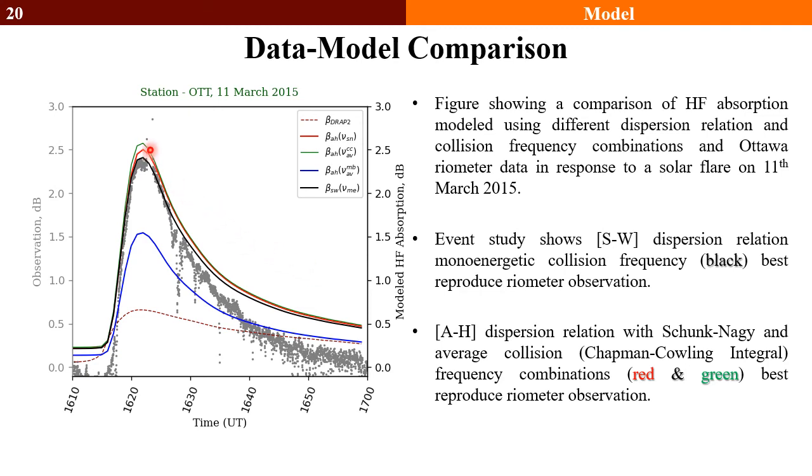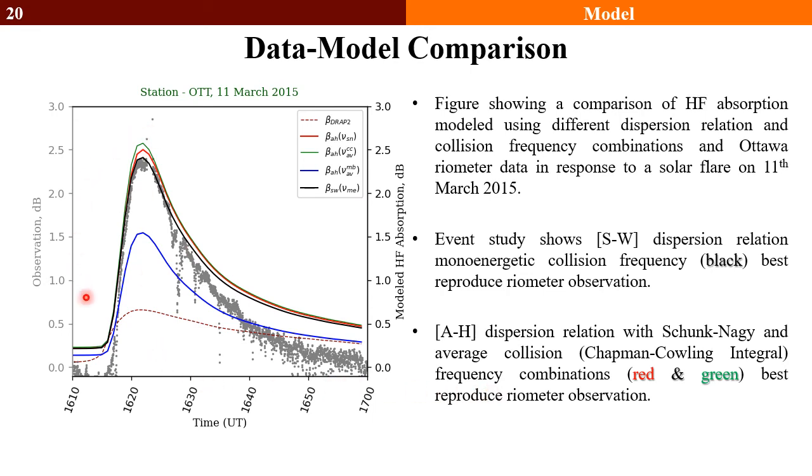Whereas this green line is Appleton-Hartree with the average collision frequency estimated using a Chapman-Cowling integral. The red line is Appleton-Hartree with Sen-Wyller average collision frequency, and the black line is the Sen-Wyller dispersion relation with monoenergetic collision frequency.